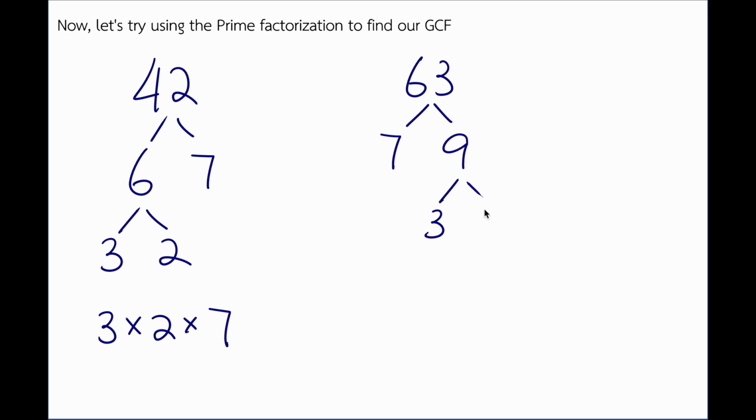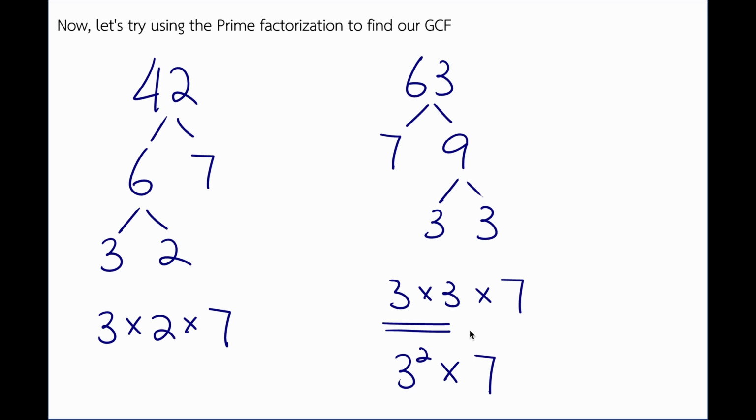And 9 breaks down to 3 and 3. Some teachers will tell you to make 3 times 3 into 3 to the exponent 2. But when you're trying to find your GCF, you shouldn't do that, because later on you have to list all of the numbers. So if you do the exponent, you have to undo it later, so you shouldn't do that.